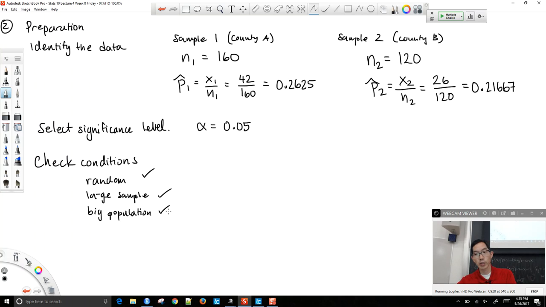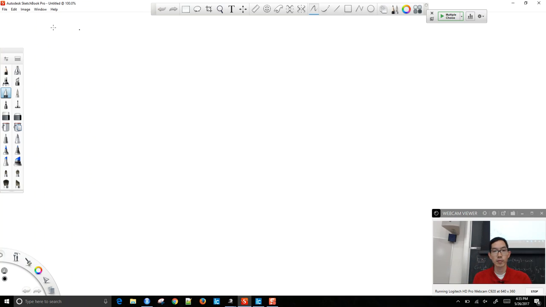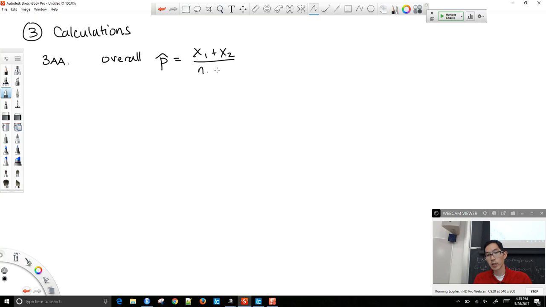Now we'll go through and do our calculations. So we have to get the overall P hat first. Overall P hat is X1 plus X2 divided by N1 plus N2. Okay, so in our case, we would take the overall number of yeses in sample 1, 42, plus the number of yeses in the other sample, 26.